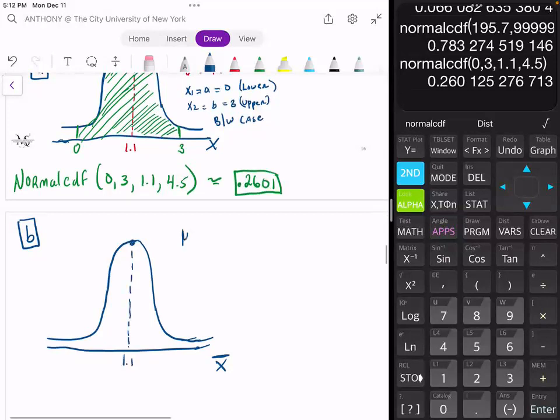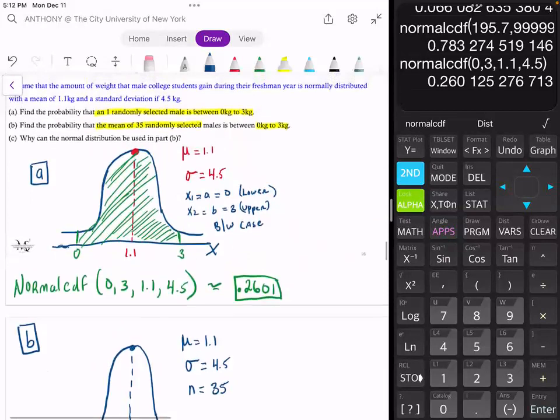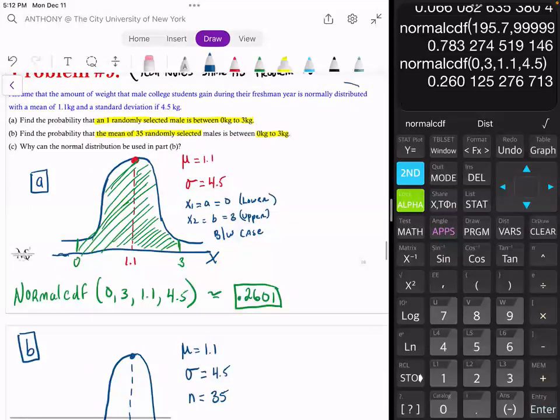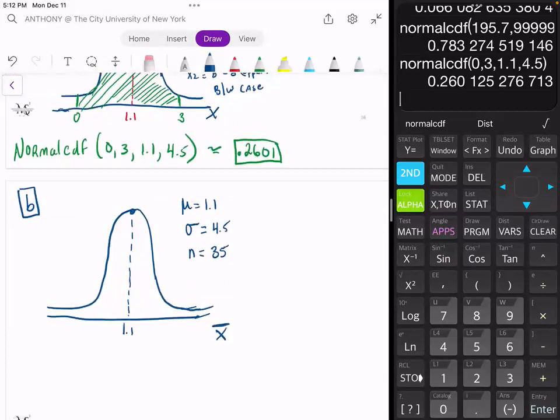That was the mean of the population. We know the standard deviation was still 4.5. We have a sample size of 35, which by the way is bigger than 30, so it makes it automatically normal. And just like the original data, it was still normal, hence why we're dealing with the normal distribution. And lastly, x bar 1 is going to equal 0.